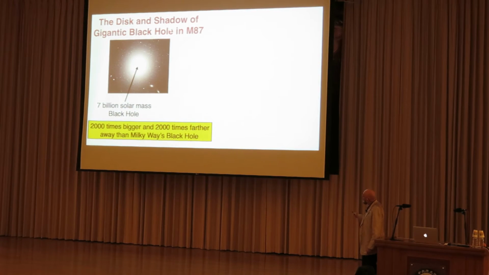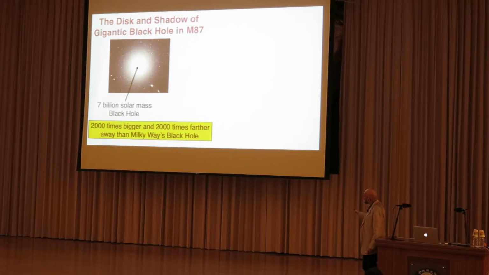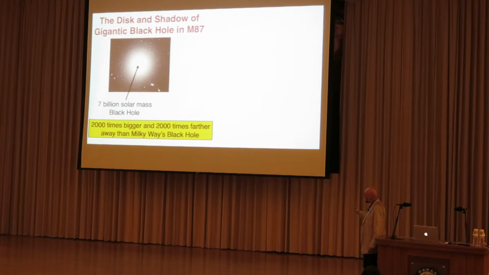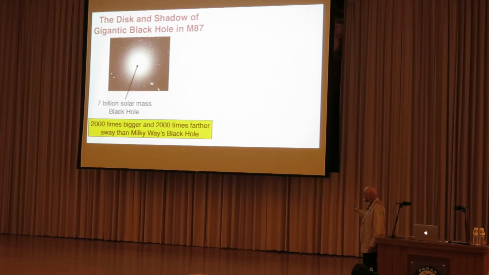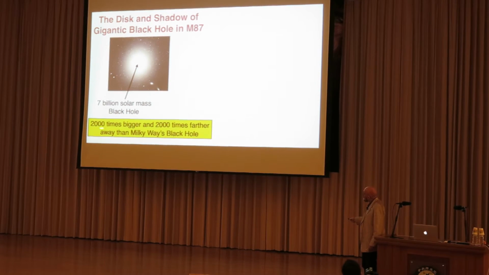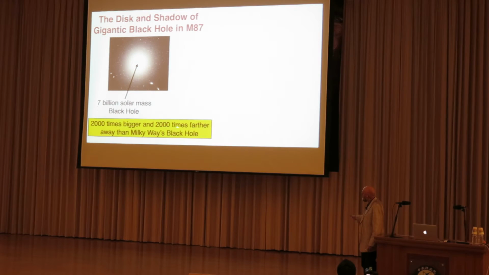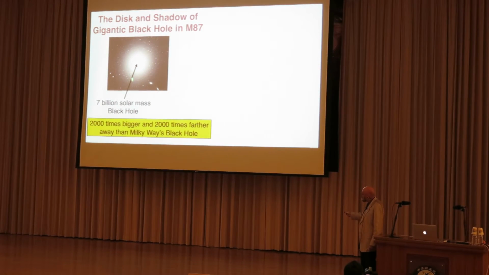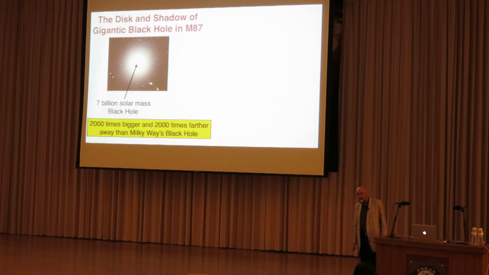And there also is a gigantic black hole in the nearest huge galaxy to our own, the large elliptical galaxy M87. It's 2,000 times bigger and 2,000 times farther away than the Milky Way black hole, the 7 billion solar mass black hole, and that will also be imaged.